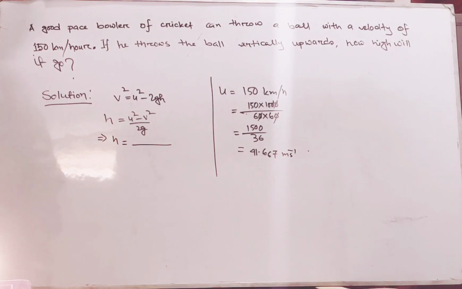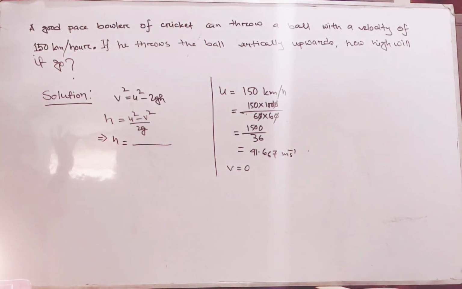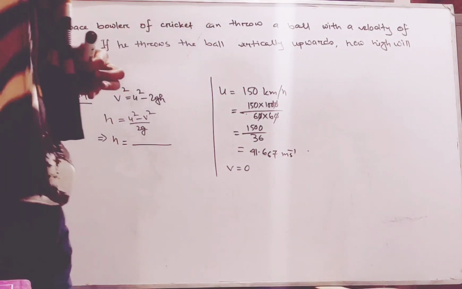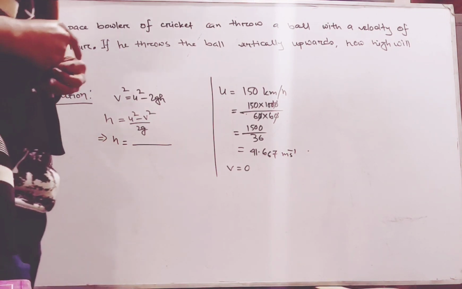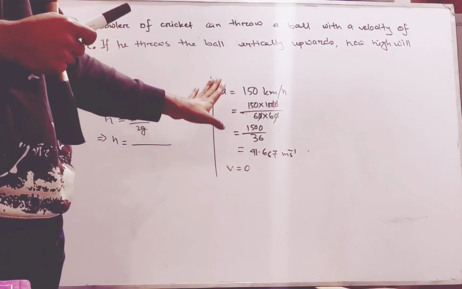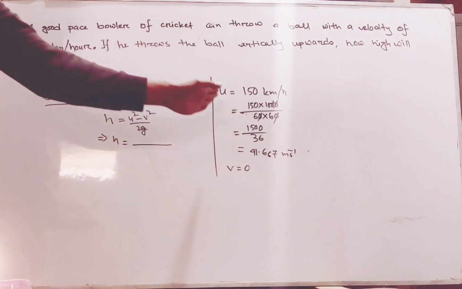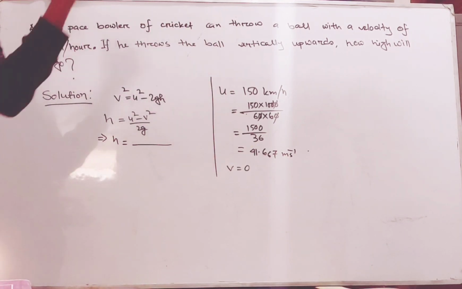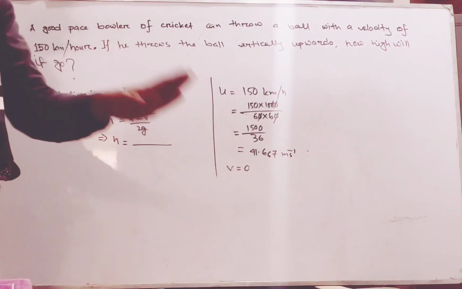Now we know v will be 0. In case of throwing any object upwards, you have to keep in mind that u will remain, but v will be 0. The initial velocity will obviously have a value, but v will be only 0.